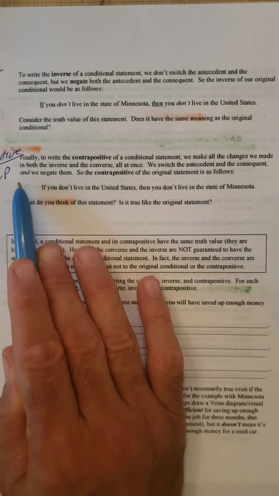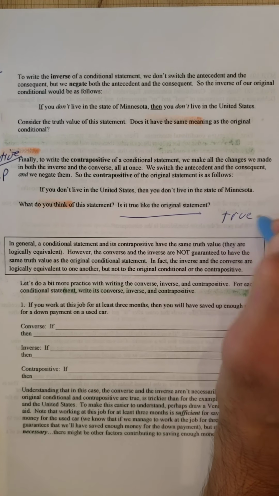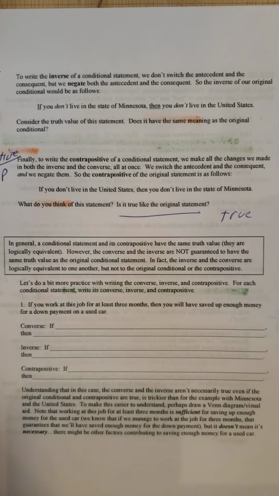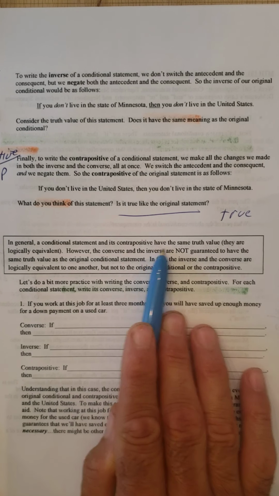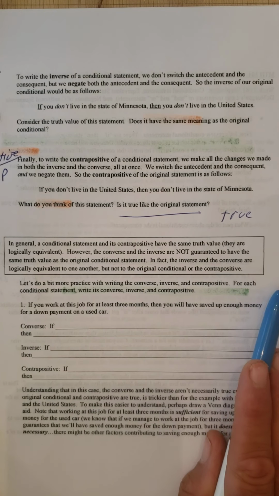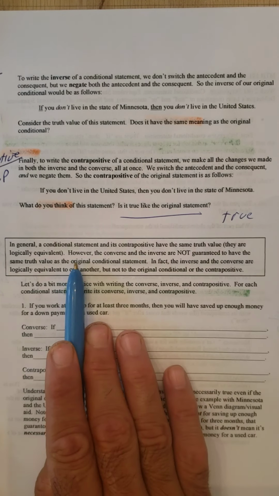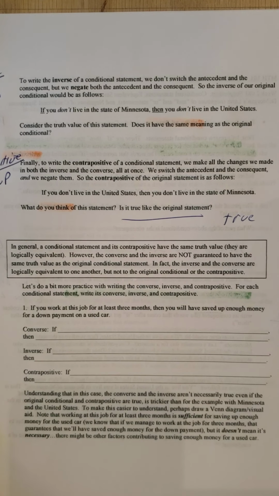Okay, and what do we think of that? I think it's true. If you don't live in the United States, then there's no way you could live in Minnesota. Okay, so in general, a conditional statement and its contrapositive have the same truth value. Okay, I think you'll have some problems like that in your homework. However, the converse and the inverse are not guaranteed to have the same truth.